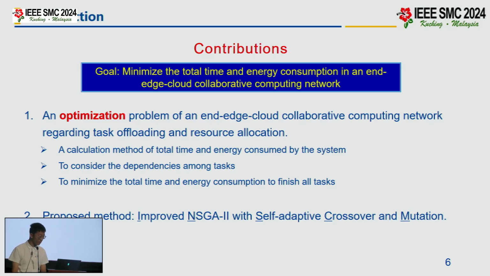In this problem, we propose a method to calculate the total time and energy. Second, we consider the dependencies among the tasks. Thirdly, we try to minimize the total time and energy consumption to finish them. The second aspect, we propose a method, the improved NSGA2 with self-adaptive crossover and mutation.